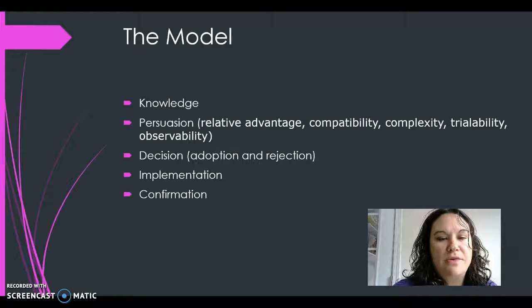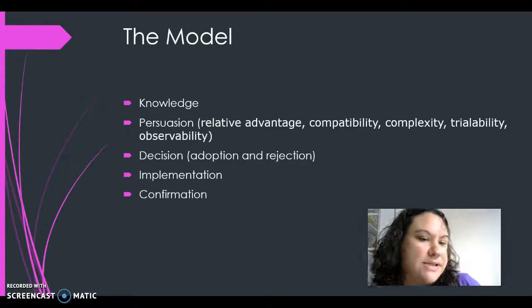So the model basically goes through five processes that need to occur in order to be completed, if you will. I'm going to go over these really quickly because there's lots of application to discuss.